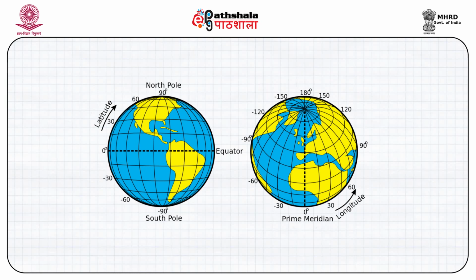If we move north of the equator, we reach 90 degrees north, the pole, and if we move south of the equator, we reach 90 degrees south. Towards the north, we can call it 90 degrees positive, and towards the south, 90 degrees negative. Similarly, we move away from the prime meridian towards east and west. The prime meridian, which passes through Greenwich, gives a position of 0 degrees.